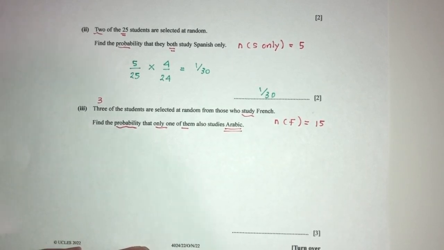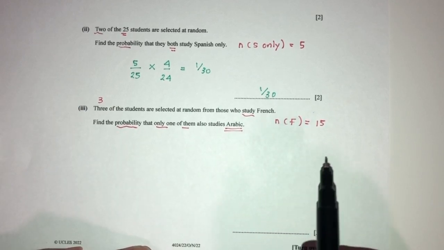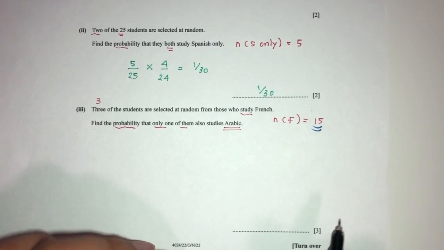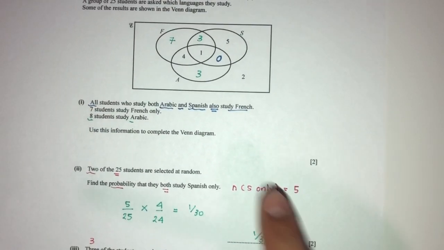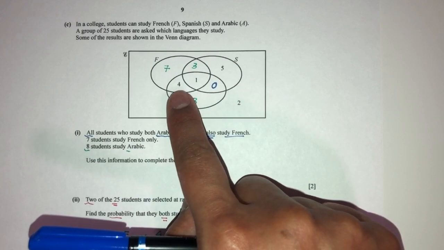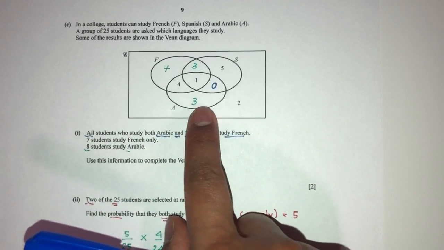Now we have to find the chance that only one of them studies Arabic. As you can see from here, we have French and Arabic.